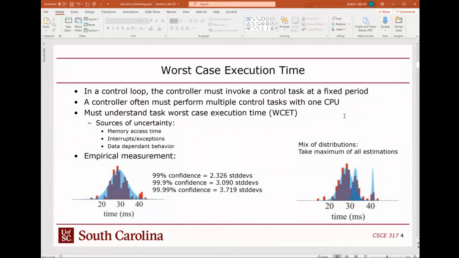So one way to do it is to handle it statistically using empirical measurements. You can measure a task running on a CPU and measure how long it takes, or you can also model it, like in a simulator. But the problem is that doing that, you end up with a statistical distribution.